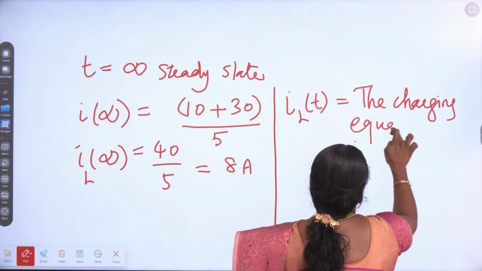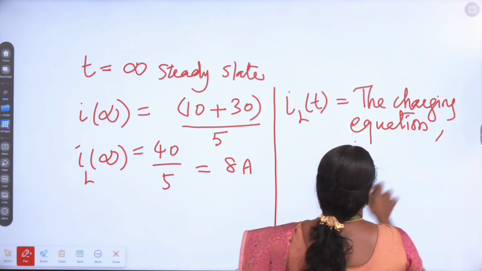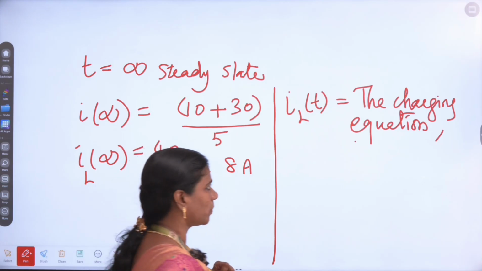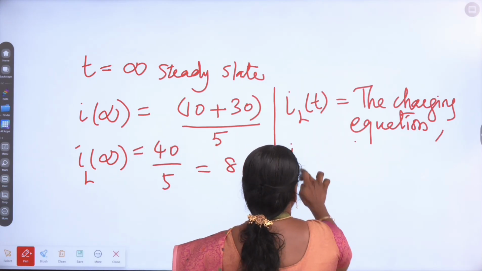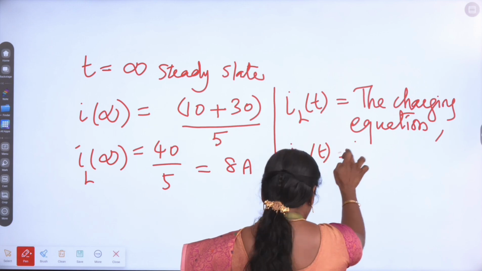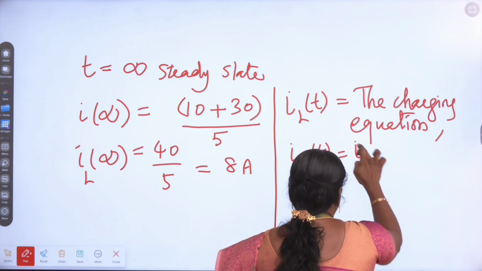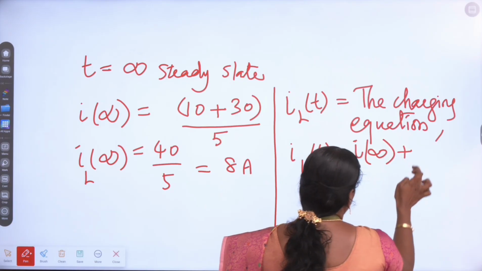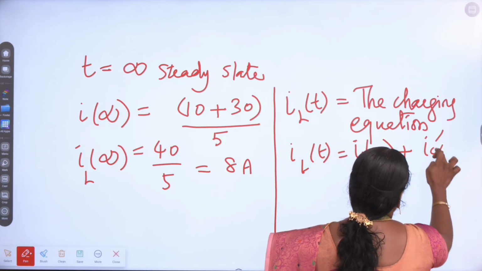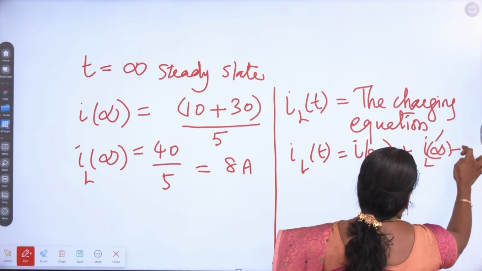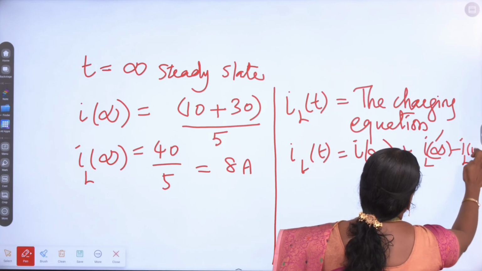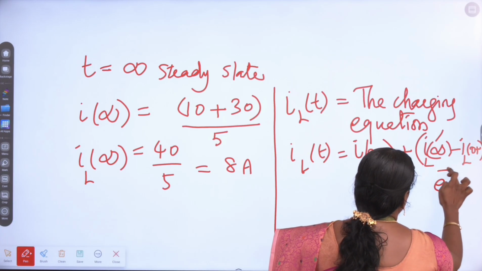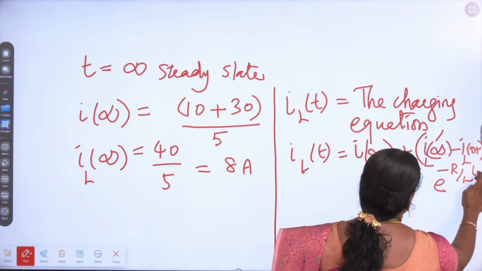The charging equation for the first order RL circuit is given by IL of t equal to I of infinity plus (IL of 0 plus minus I of infinity) multiplied by e power minus R by L into t.